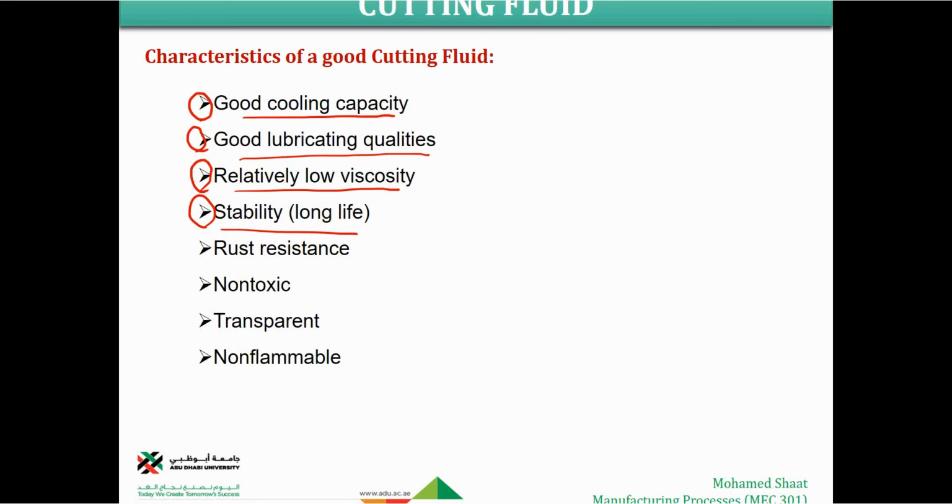Many of the cutting fluids are reused. We pour the fluid, and this fluid is collected back into a pool, and we use grids and meshes to clean it from the chips, and then we use it one more time, so it can be reused.